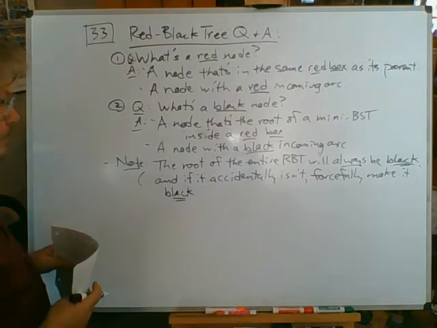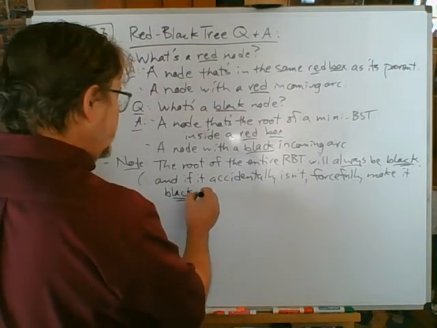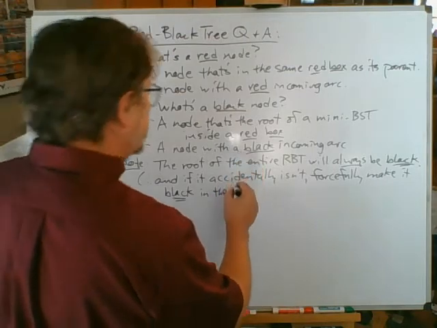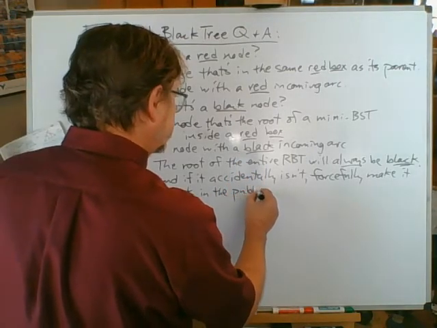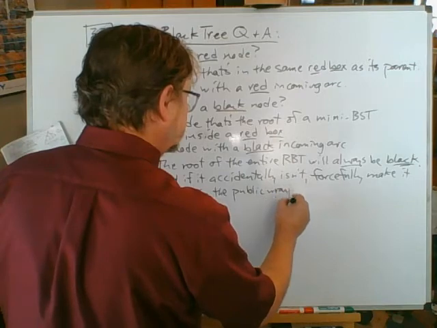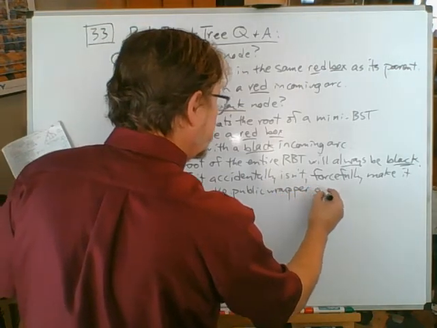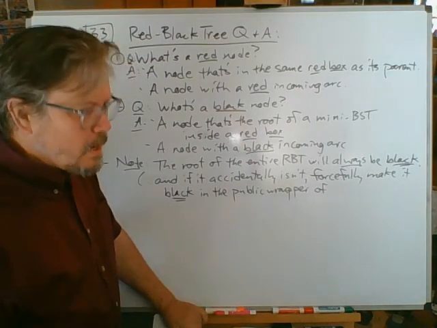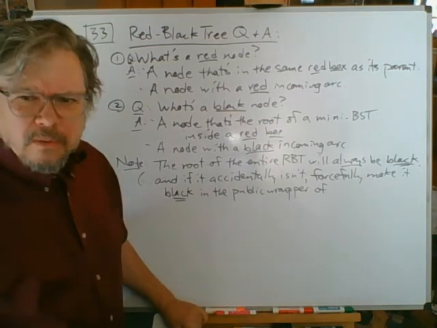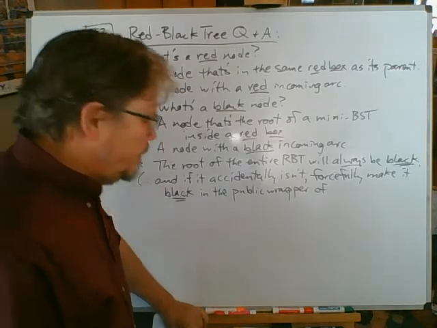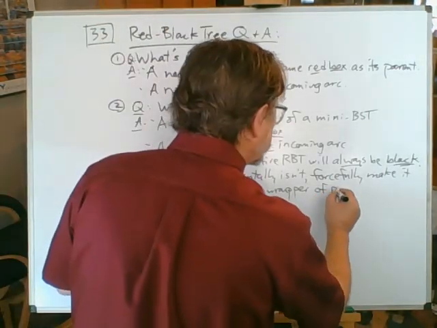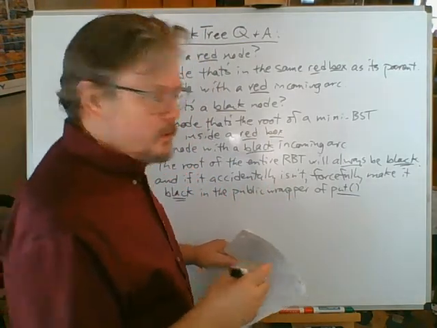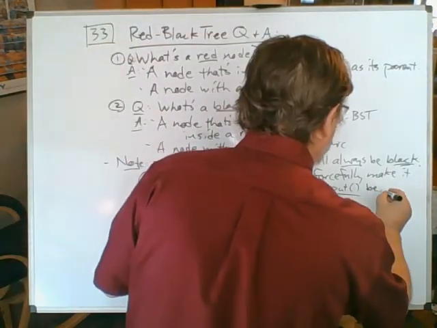Forcefully make it black in the, what's going to be, what is it, the public wrapper. Of who? Print debug? No. Remove? No. We don't even have a remove function. Public wrapper of, you got me, the put operation of put before going back to the main program. Before returning to main.